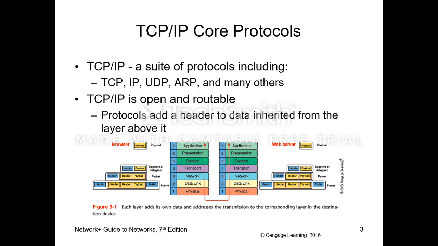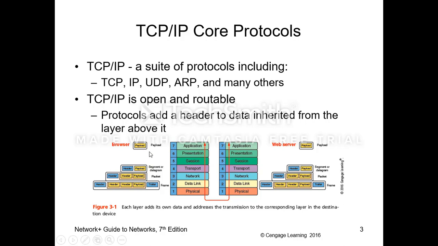Now, also remember that TCP/IP protocols add a header to the data, which means they just add some information. So if we look over here on one side of our packets, we have our data, which is what we call the payload.